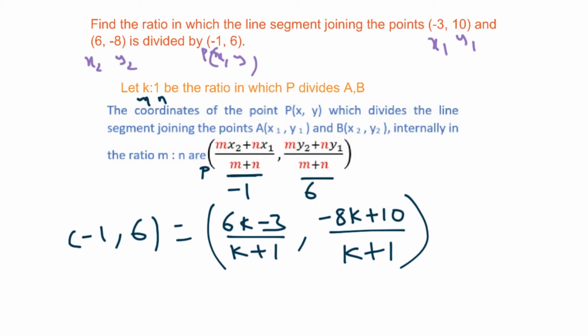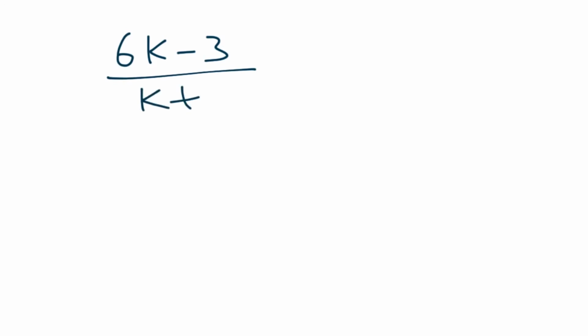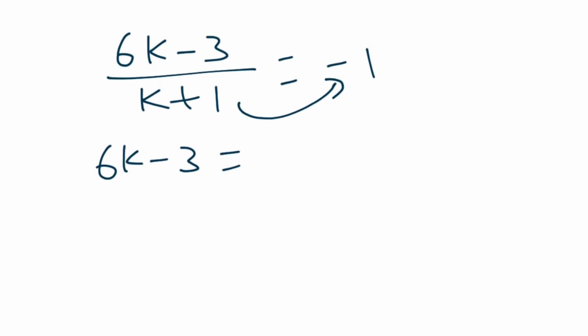Either we can equate -1 to this one or 6 to this y coordinate. So let us equate the x coordinate to find it easily. (6k minus 3) by (k plus 1) equal to -1. Transpose k plus 1 there. 6k minus 3 is equal to minus of (k plus 1), which is minus k minus 1.